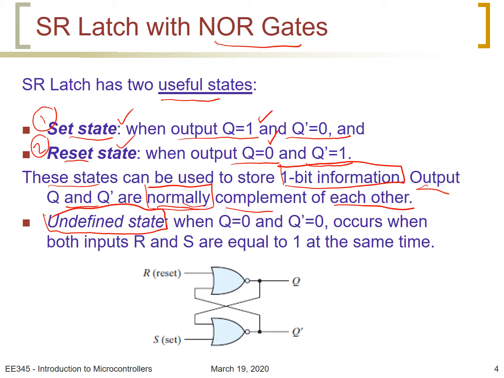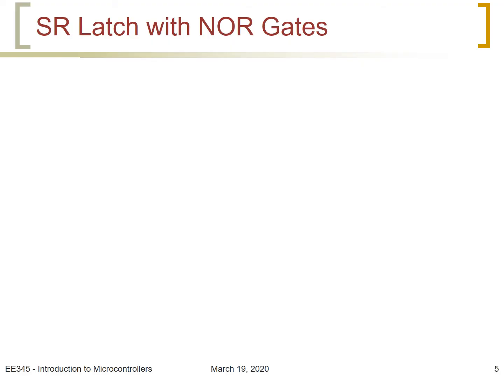And this state is when both Q equal to 0 and Q prime is equal to 0, and it occurs when both inputs R and S are equal to 1 at the same time. Look at this very simple circuit. If R is 1 and S is 1, what will happen? This is an OR gate. Irrespective of what is this, this must be 0. And this must be 0. And this is the state that is undefined and we want to avoid by all means.